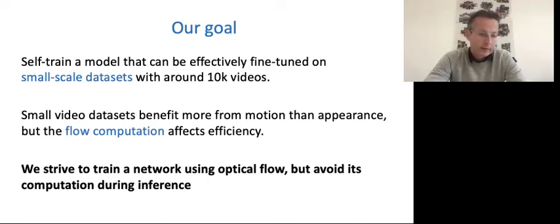But flow has a downside, and flow computation affects efficiency, which is often what you don't want if you're in a small-scale scenario on a compute budget. So we set ourselves as a goal to train a network using optical flow, but avoid computation of the flow during inference. And I will explain how that can be done.